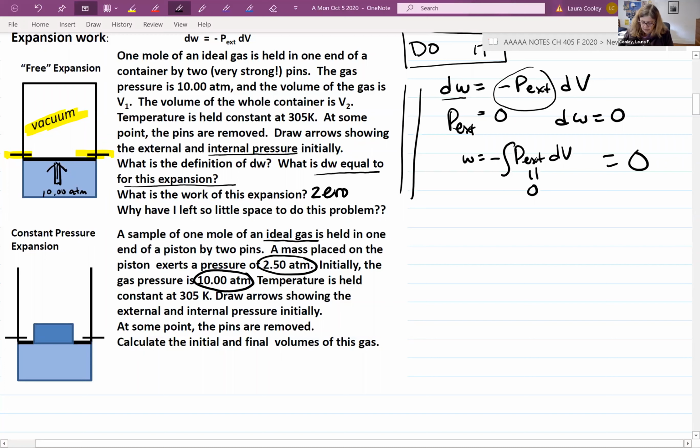So the external pressure has an arrow that's quite a bit smaller if the arrow reflects the strength of the pressure. There's a much smaller pressure from the outside than from the inside. So these arrows should look something like this, where the top one is smaller than the bottom one. And so now this thing expands.